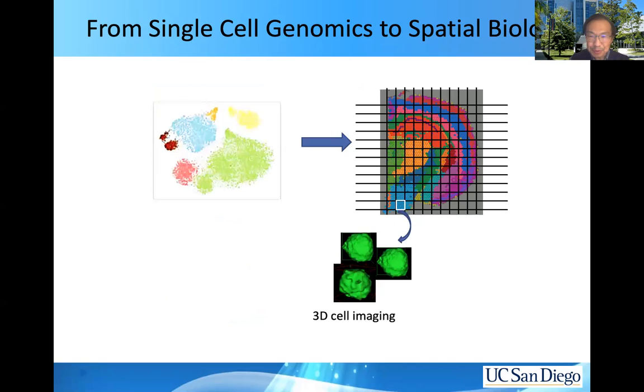What we could contribute as a tool developer is to help the researchers to understand, within each spatial area, what will be the makeup of the cells, not only from the genetics information point of view, but also to understand the phenotype, the spatial characteristics, the tomography of each individual cell.